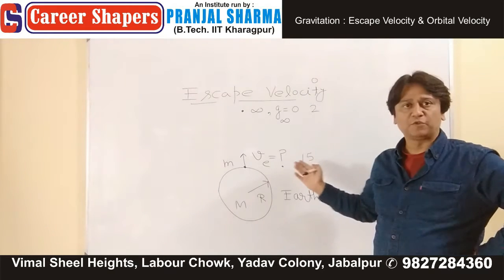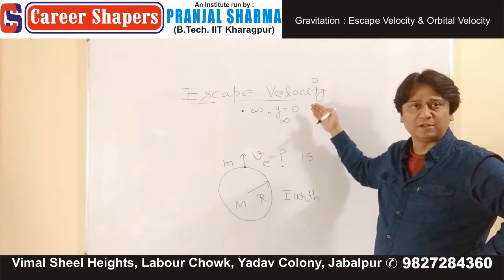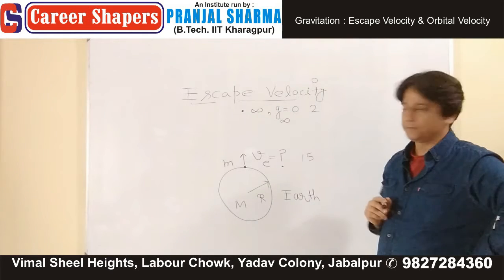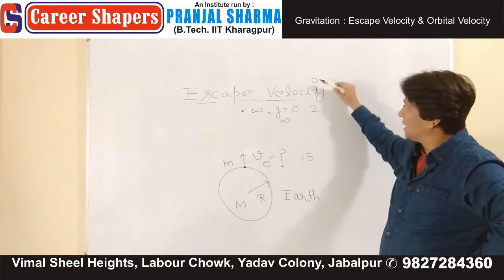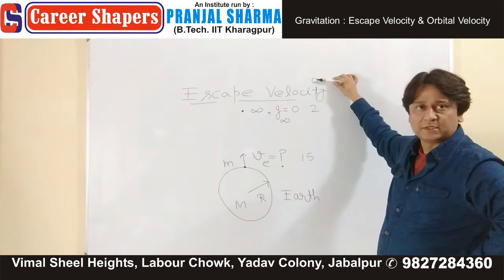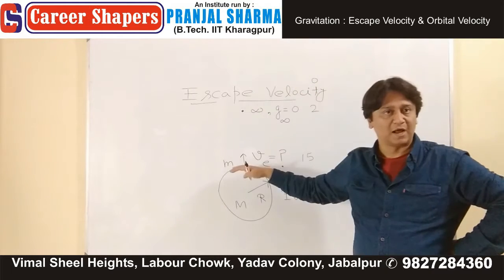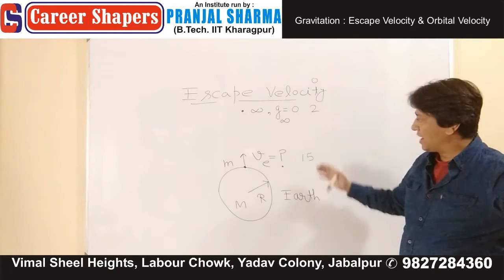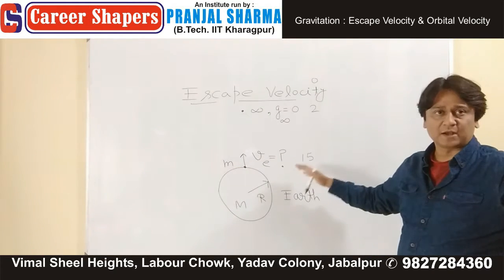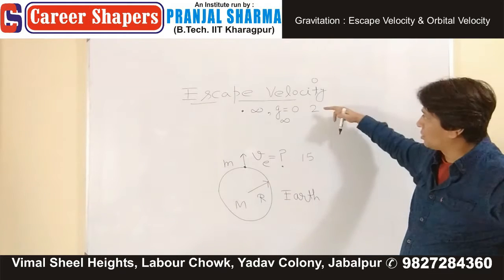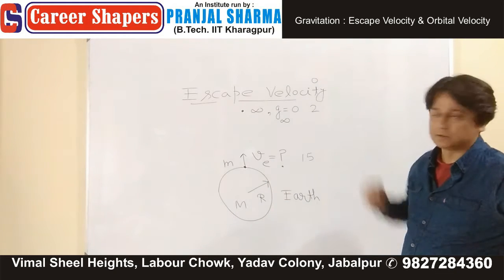So it started with 15, 14, 13, 12 and so on, 2, 1, 0. It is at infinity and therefore gravity is 0, it will never come back. But we have given the object extra speed. It could cross and enter this region.